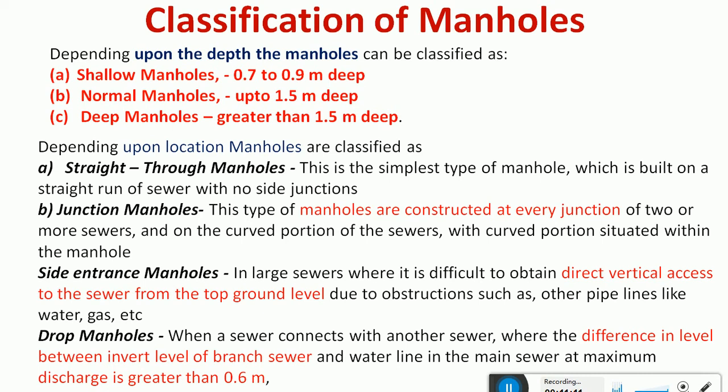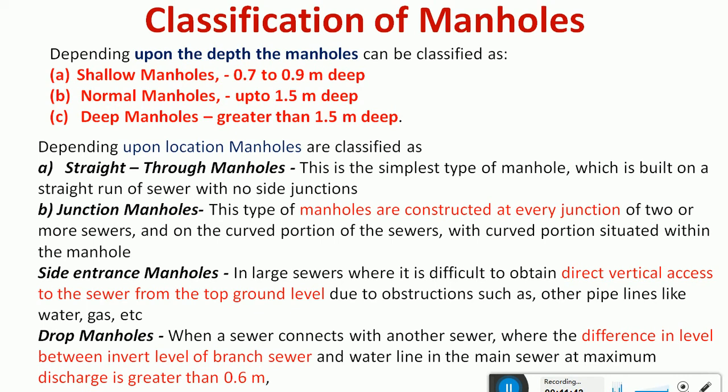Then another type of manhole is called a drop manhole. Sometimes this is asked in exams: with a neat sketch, explain deep manhole or drop manhole. So remember the difference between deep manhole and drop manhole. In construction both are similar, but we call it a drop manhole wherever we find a difference in elevation between the invert level and the branch sewer.